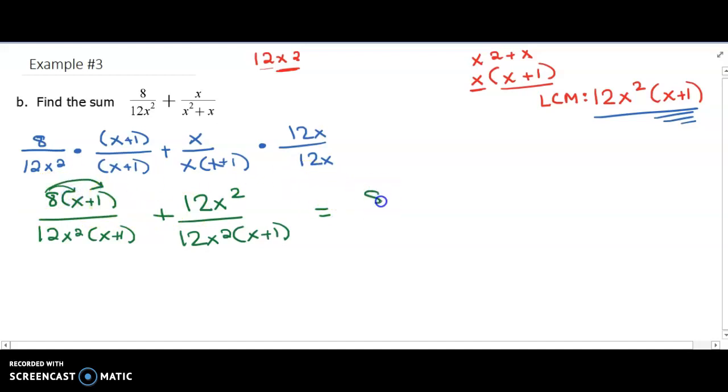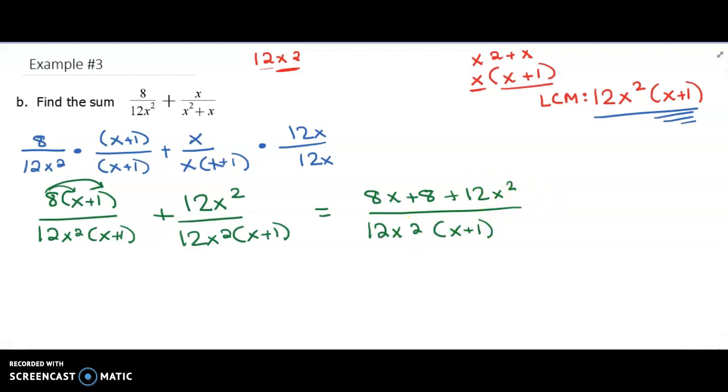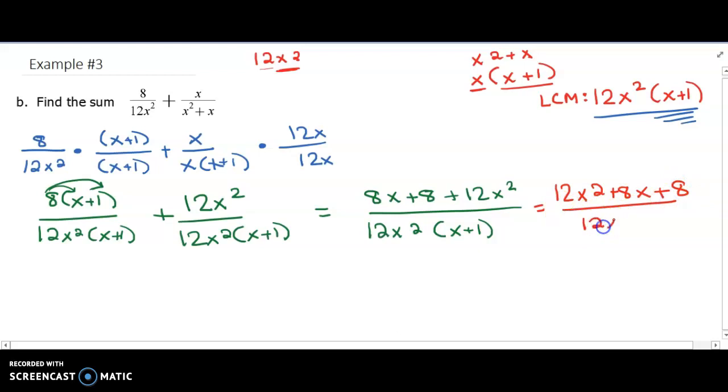Okay, I'm going to go ahead and distribute this as I do that. So 8x plus 8. So 8x plus 8 plus the 12x squared over the 12x squared parentheses x plus 1. Okay, I'm going to rewrite this into nicer form. So 12x squared plus 8x plus 8 over 12x squared x plus 1.